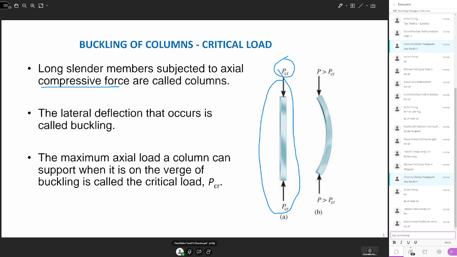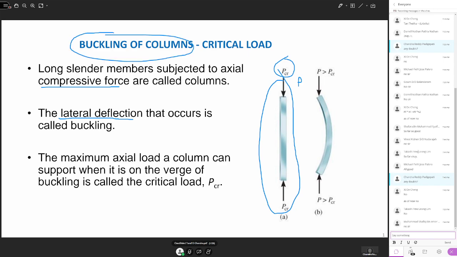The failure of the column is subjected to a load P. When the load keeps increasing and reaches a critical value, the column gets deflection. Here the deflection is lateral deflection. This lateral deflection we refer to as the buckling of columns.